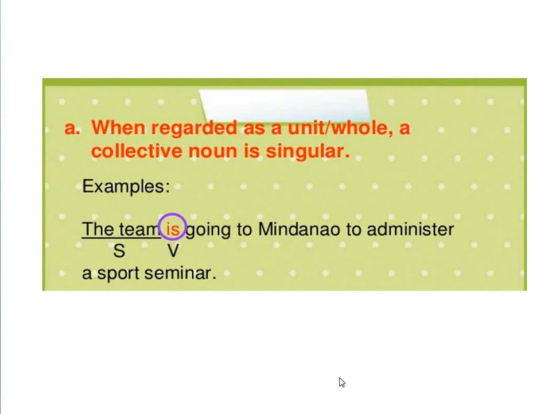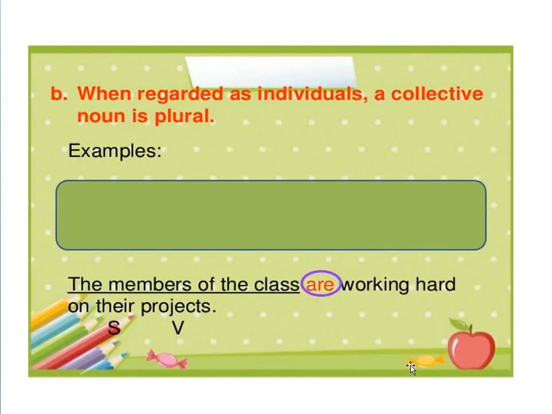The team is going to Mindanao to administer a support seminar. So the team is taken as a whole unit, so we take it as singular. When regarded as individuals, a collective noun is plural. The members of the class are working hard on their projects. Here we are talking about the individuals.